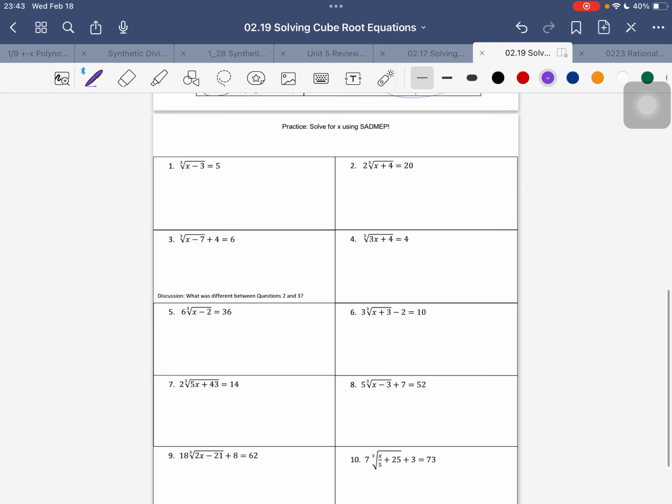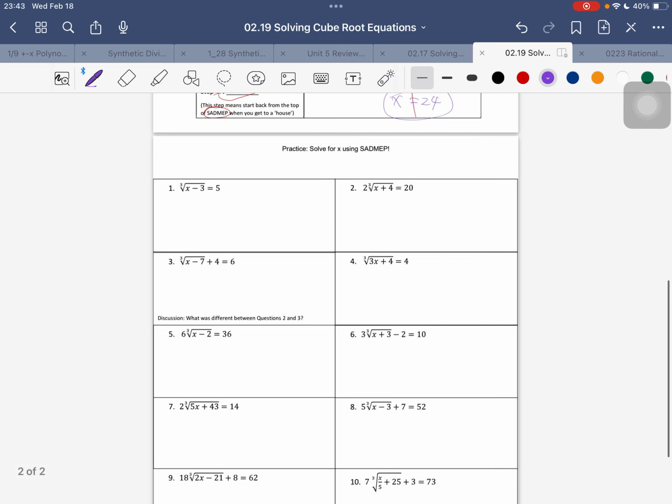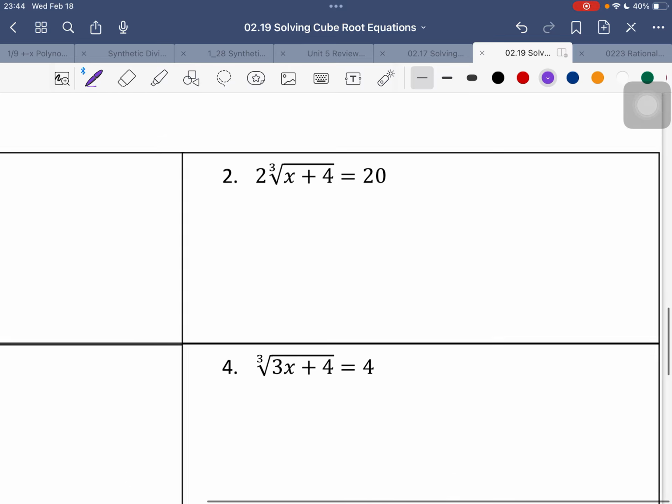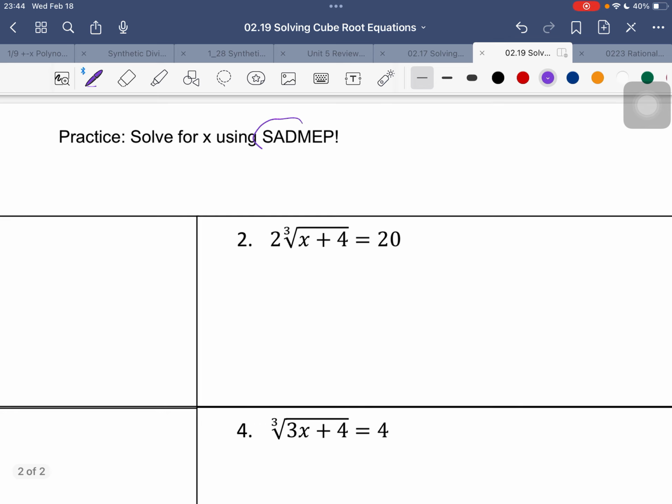I'll show you one more question, and then you will finish the paper. Let me show you question 2. Again, for x, we're always using SAMDEP. Subtraction and addition first. Division and multiplication, then exponent, then parentheses.